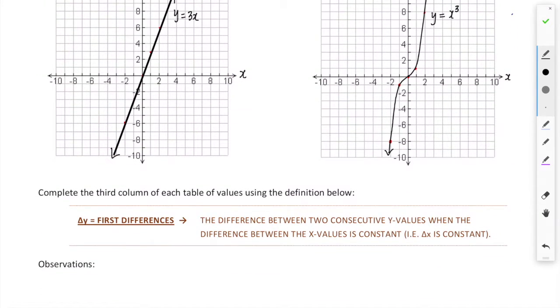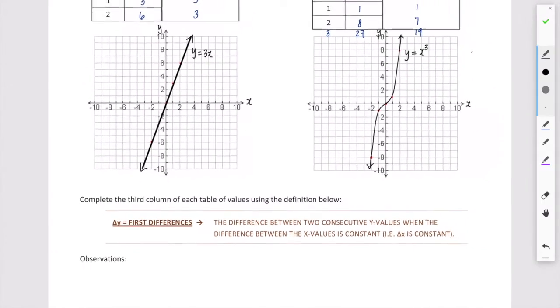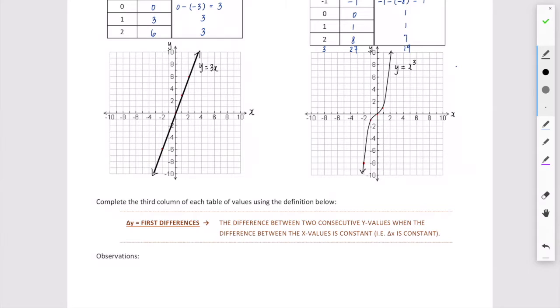So here in the brown section, it tells you delta y is the first difference, like what we have done before. You always take the current row and subtract the previous row. Okay, now what do we notice though?